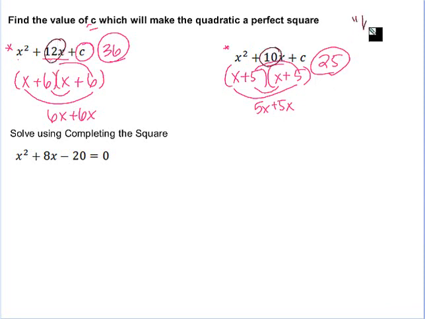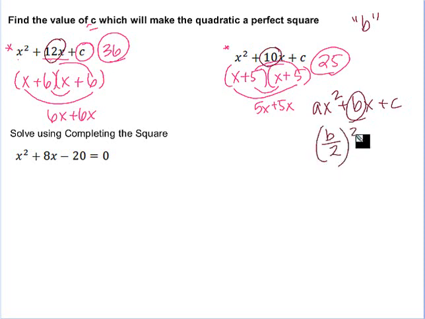That middle term is called the b term, which comes from ax squared plus bx plus c. So that b term, you can divide it by 2 and then square it. And that's essentially what we did here. 12 divided by 2 is 6. 6 squared is 36. 10 divided by 2 is 5. 5 squared is 25. So this is how you find that c term to make it a perfect square.